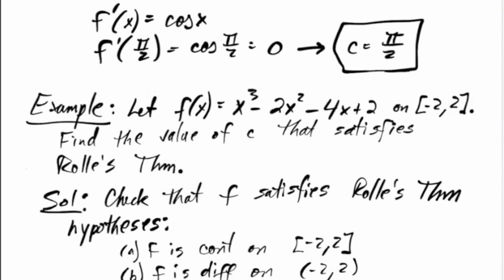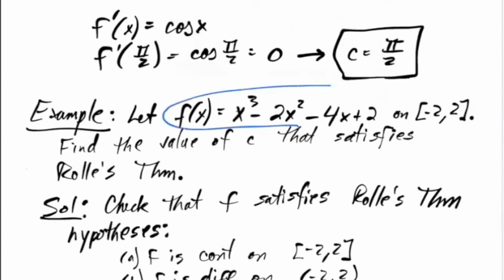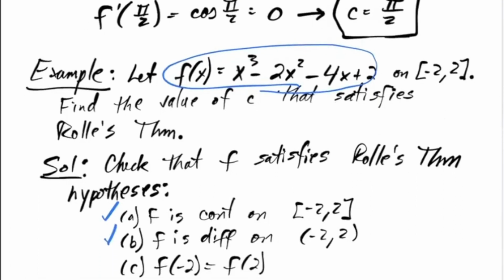So let's check these. Is f continuous? Yeah, my function f is a polynomial, and polynomials are always continuous, so we're good there. f is differentiable, yep, because it's a polynomial again. And f of -2 equals f of 2? Well, let's check that. What's f of -2? I put -2 into the function: -2 cubed minus 2 times -2 squared minus 4 times -2 plus 2.